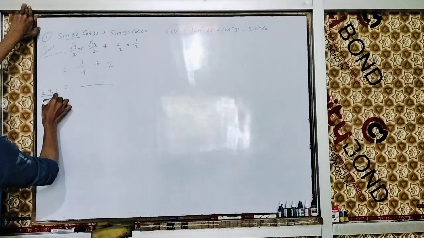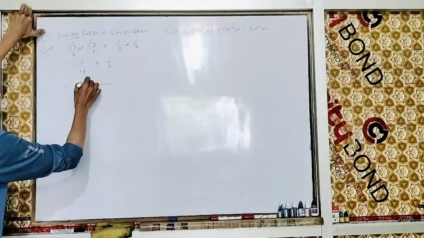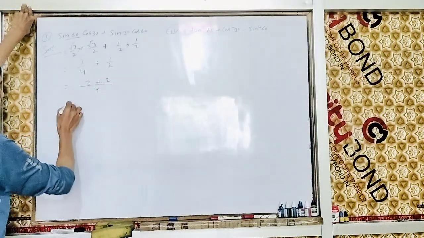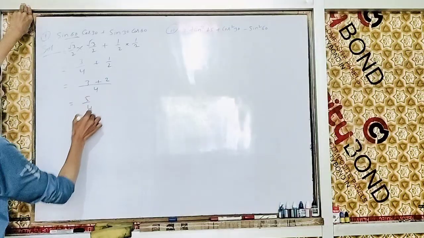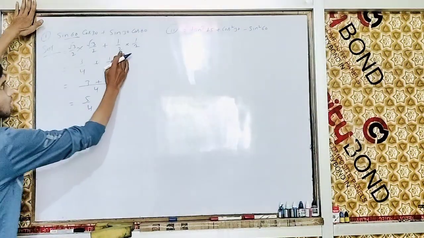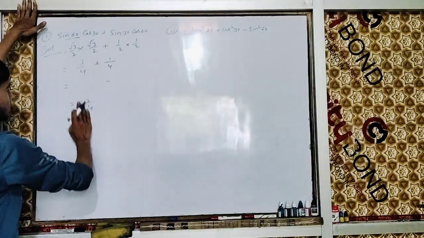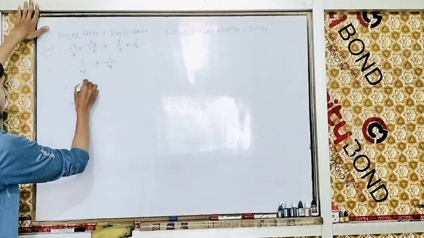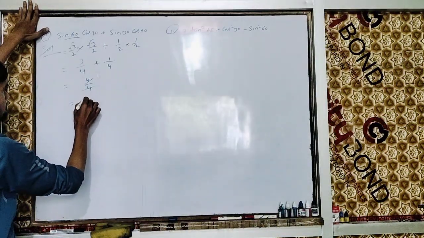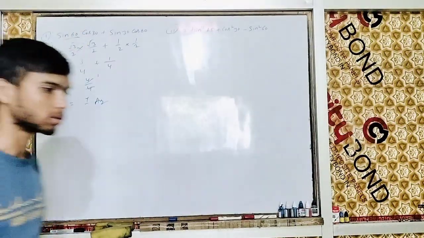But hold on, what is happening over here? 2 to the 4 will become 4. And now we have the correct answer, which is 4 upon 4. It will give us 1.